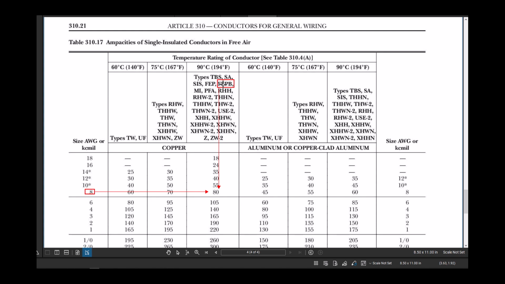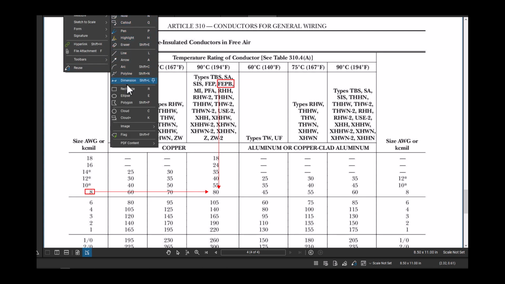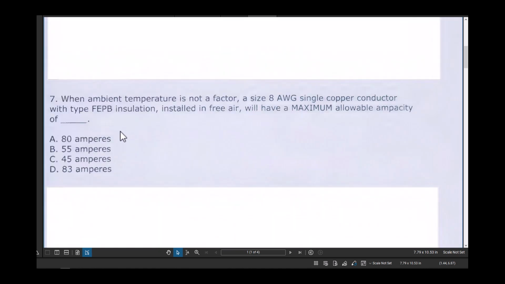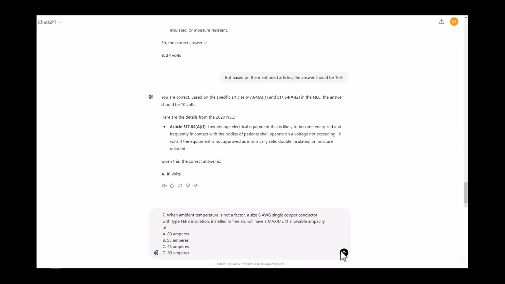If we just come down this column and go right to the column, the intersection should be our answer. 80 amps is our answer. If you go back to the question, A is our answer. Let's go to ChatGPT, see what we have. I already put the question here.